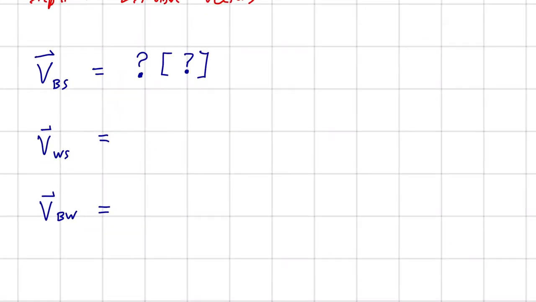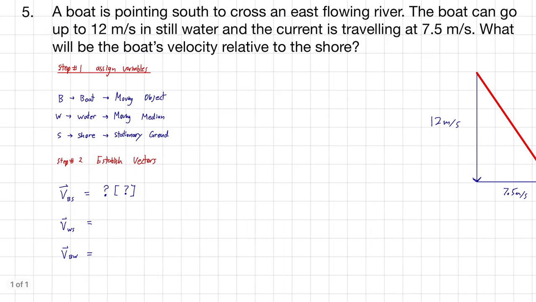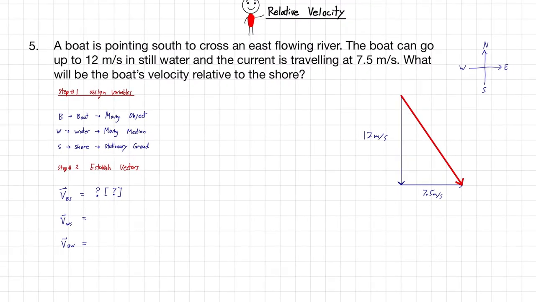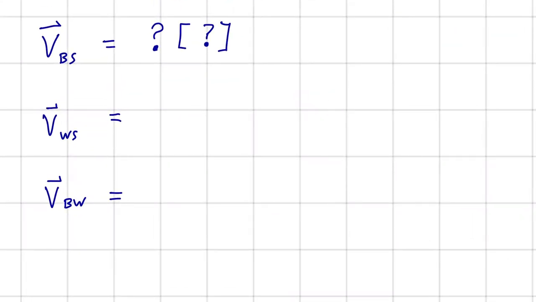Now for the velocity of the water relative to the shore, we have the current traveling 7.5 meters per second east. So the water relative to the shore is 7.5 meters per second in the direction east.